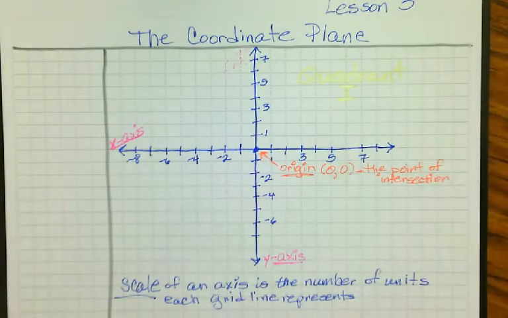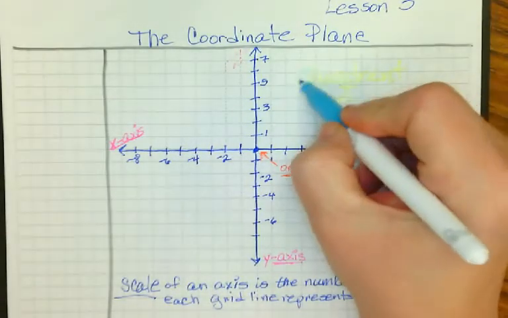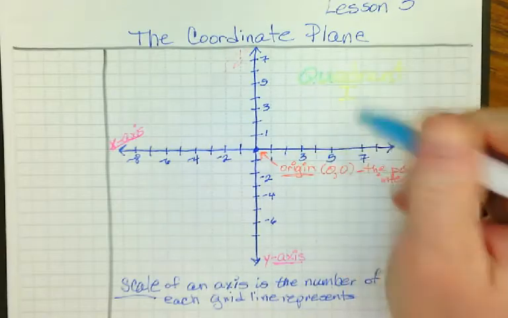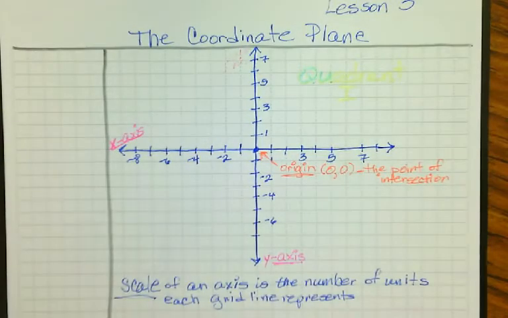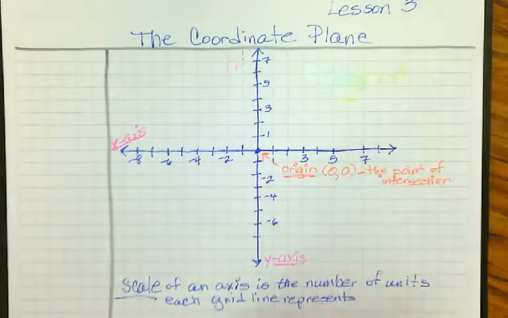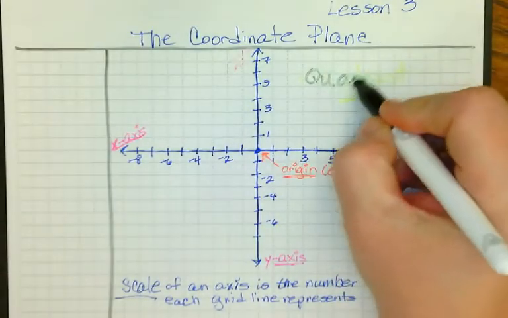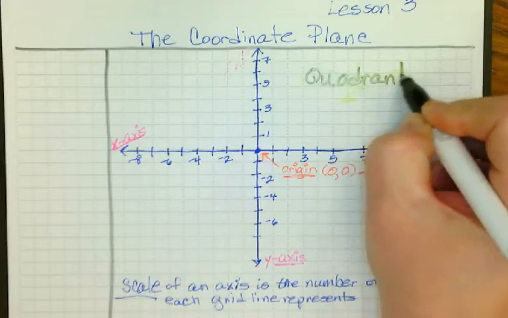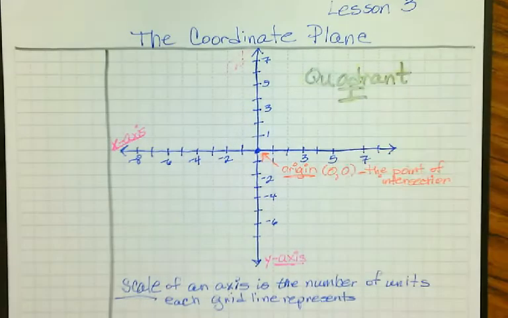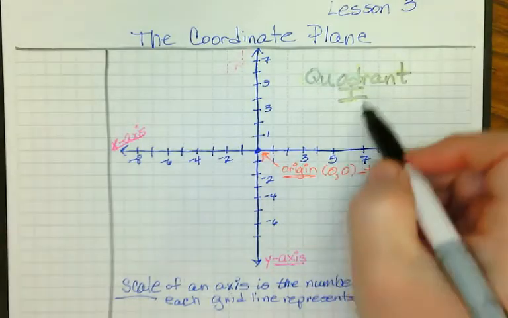So, let's just grab a different pen. It's not much better, is it? One more try. Let's do this. You can read that. Quadrant 1. Okay? And we use Roman numerals. Why? I have no idea. It just is that way. So this is quadrant 1.